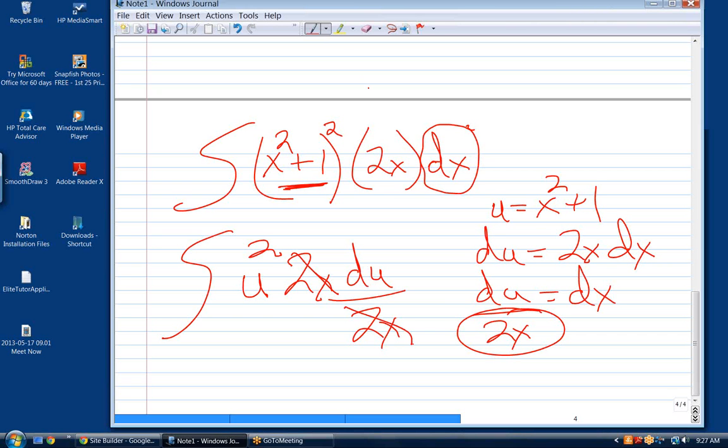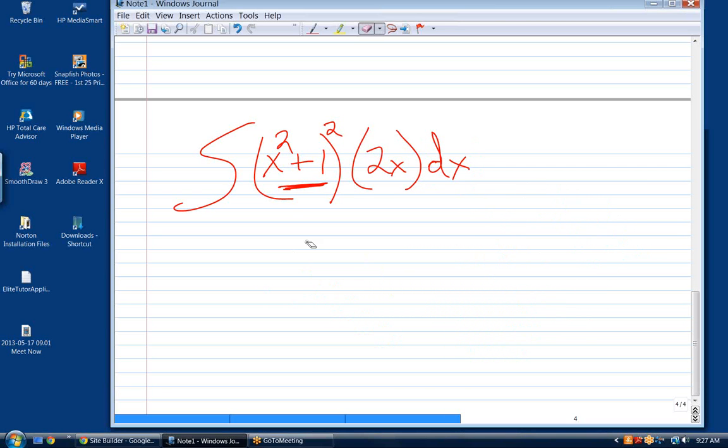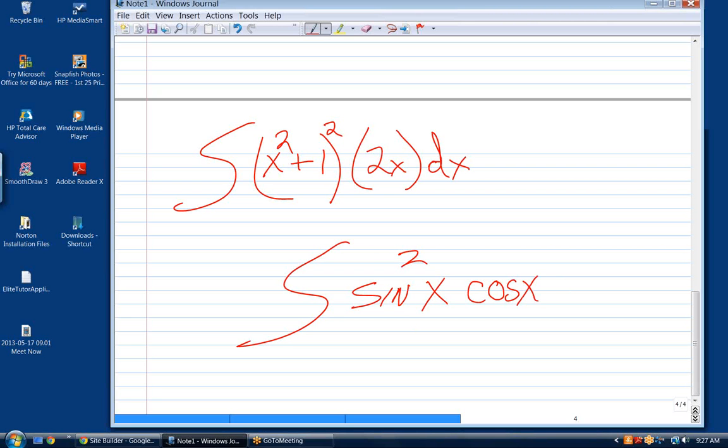I actually have encountered a few programs that don't even call this substitution. They call this using the power rule. In the same way, if I wanted to integrate sine squared of x, I could do it very easily if there was a cosine of x next to it.